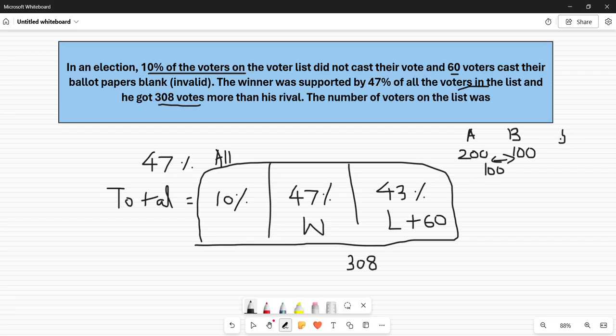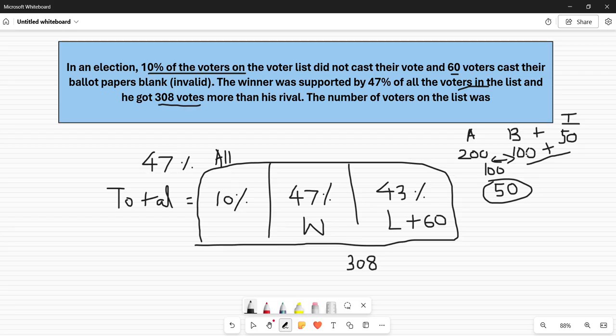Say if there are invalid votes of 50. What if you join these things together? When B plus I is together, their gap is not 100 anymore, it's 50. This becomes 150, this becomes 200, so the gap is 50. Why is this important?